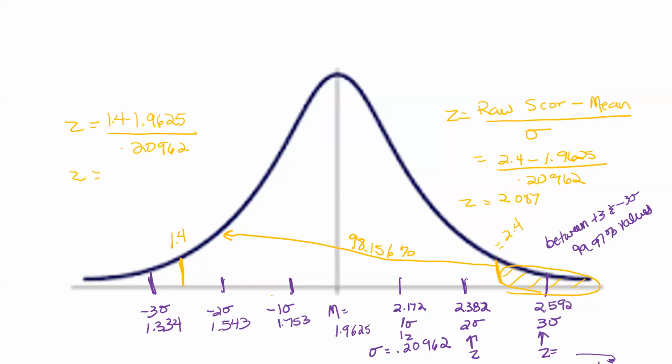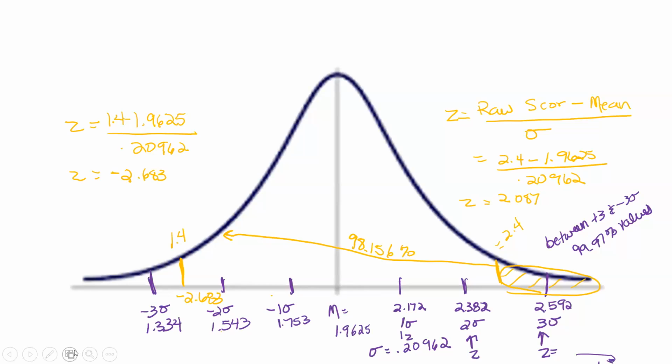So I'm going to take 1.4 minus 1.9625 and divide that by the standard deviation of 0.20962, right? And that gives me a z-score of negative 2.683, right? And that should make sense to us that it's negative because we're on the underneath side of the mean, right? So my z-score here is minus 2.683.